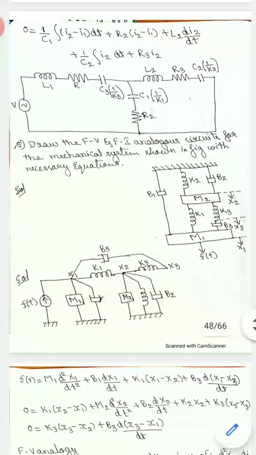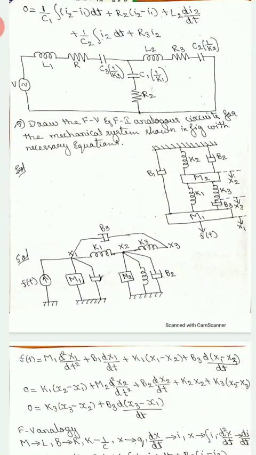Next we shall go for another problem. Draw the force-voltage analogy and force-current analogy circuits for the mechanical system shown in the figure, with the necessary equations. This is the diagram they have given. Next you need to draw another diagram, that is the equivalent mechanical system.